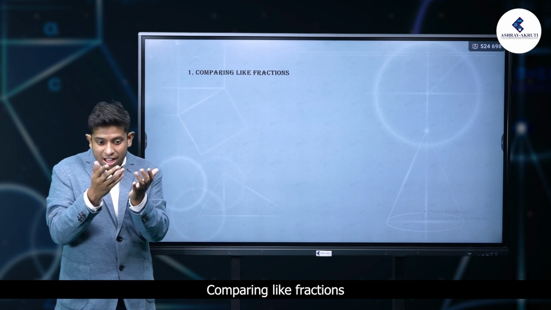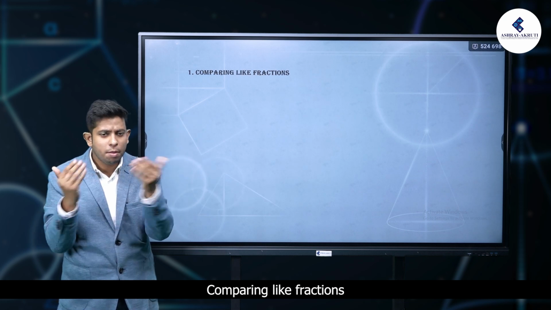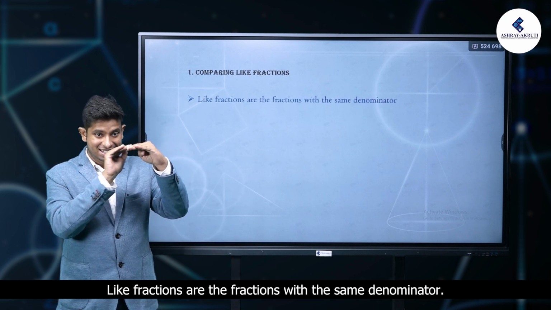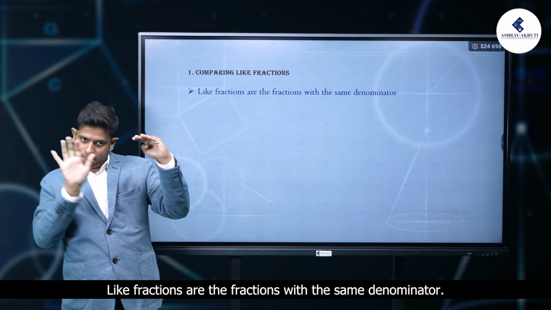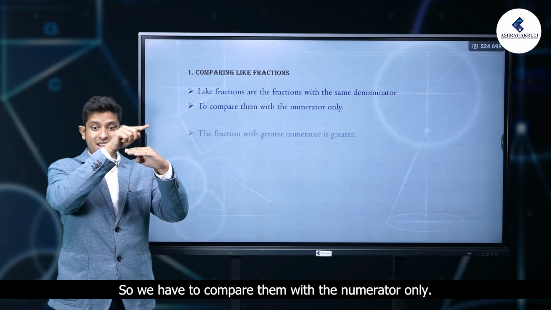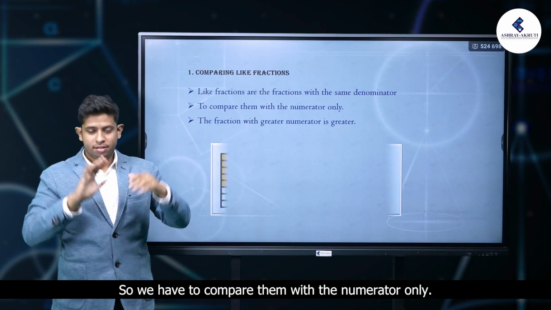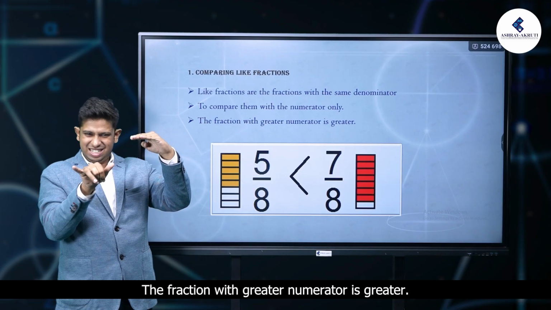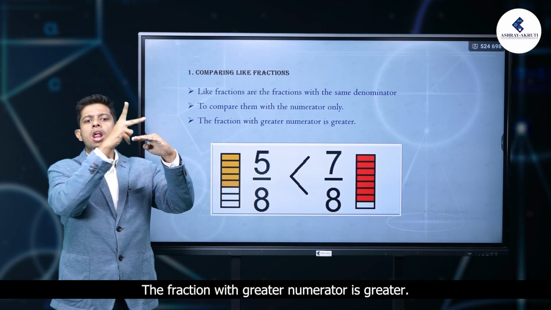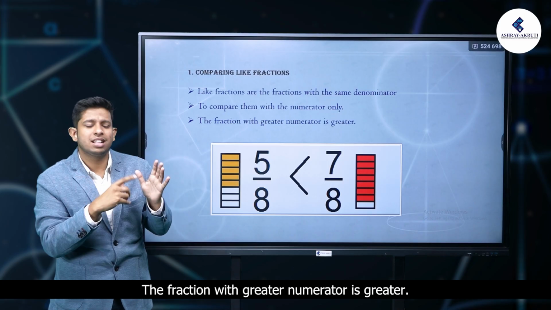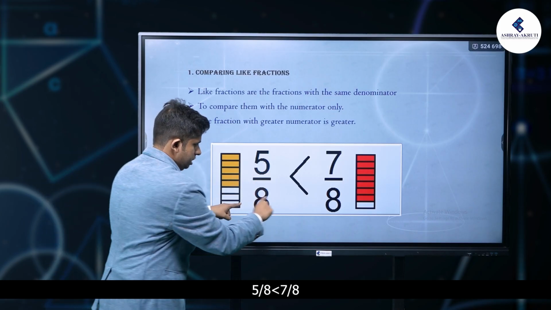Comparing like fractions. Like fractions are the fractions with the same denominator, so we have to compare them with the numerator only. The fraction with the greater numerator is greater. 5 by 8 is less than 7 by 8.